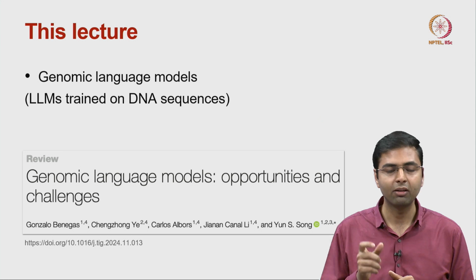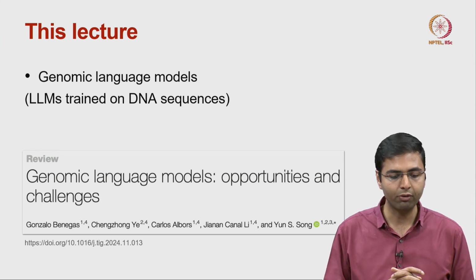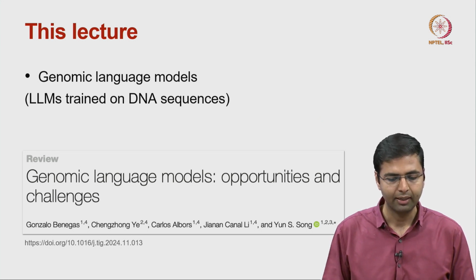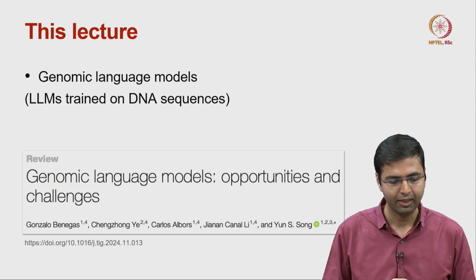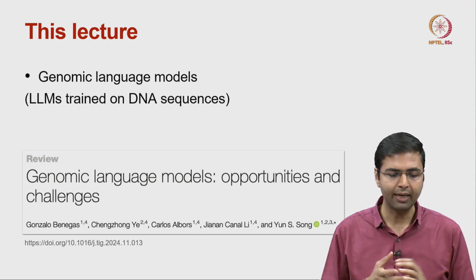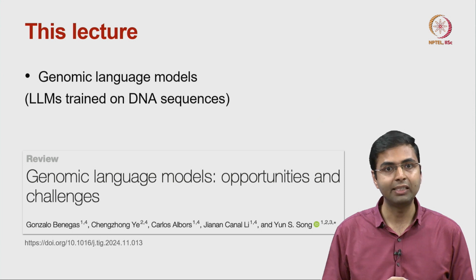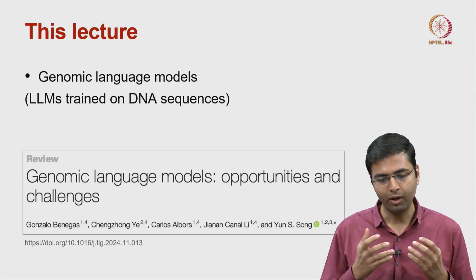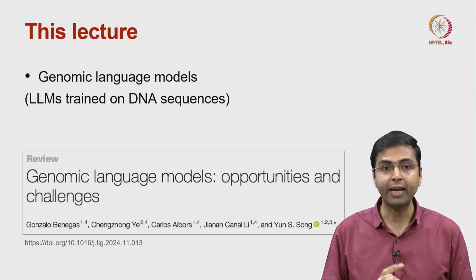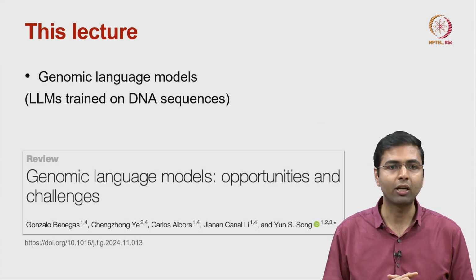Most of the content that I will be using in this lecture will be drawn from a review article that was published in 2025. This article talks about the genomic language models trained on DNA sequences. It reviews what work has been done on this topic, what are the opportunities, and what are the challenges that remain to be addressed.